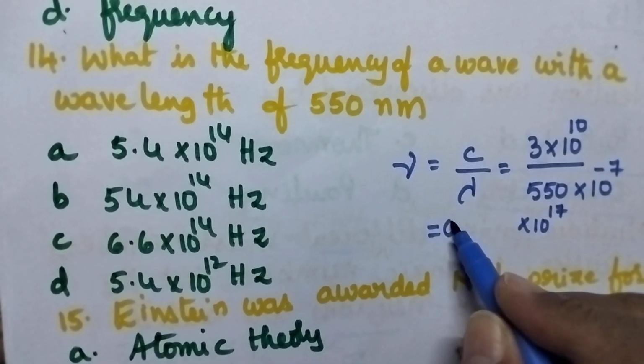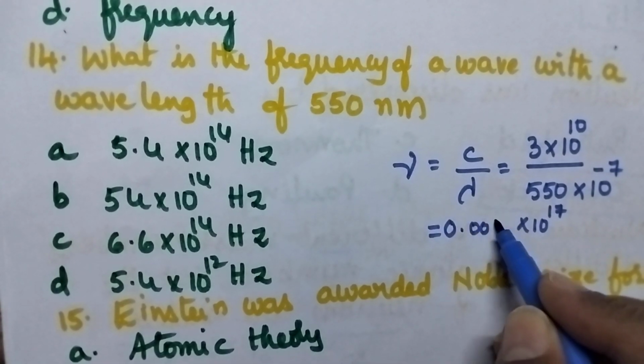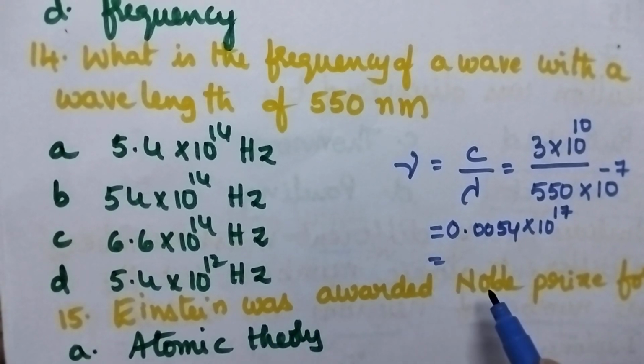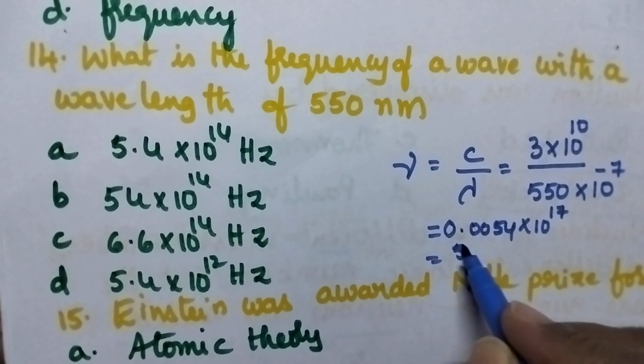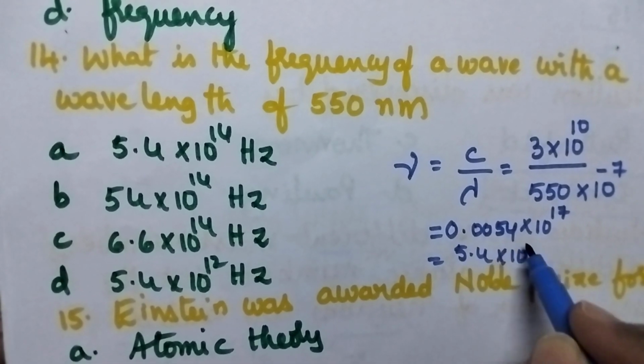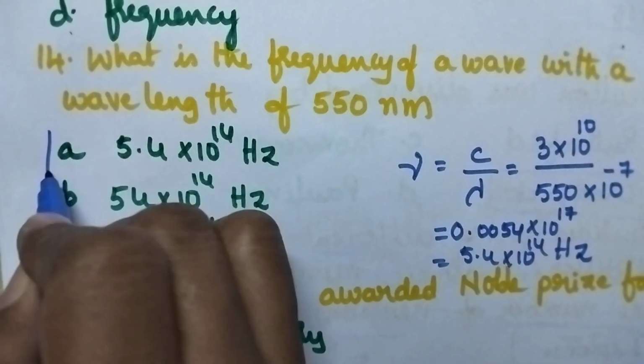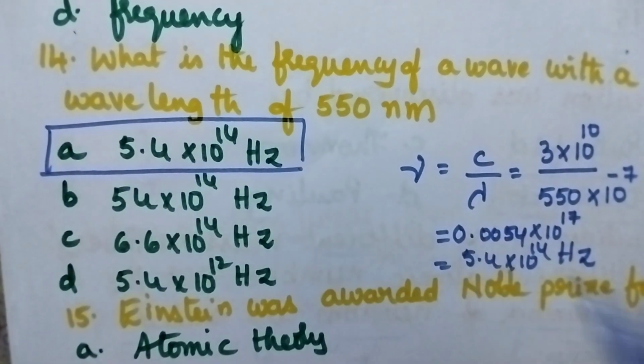On calculating, you will get 0.0054 into 10 power 17. Here the answer is given in 10 power 14, that is 5.4 into 10 power 14 hertz. So option A is the right answer.